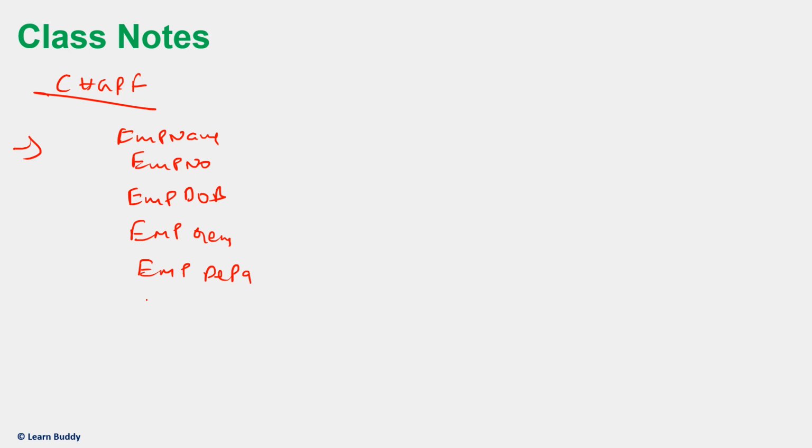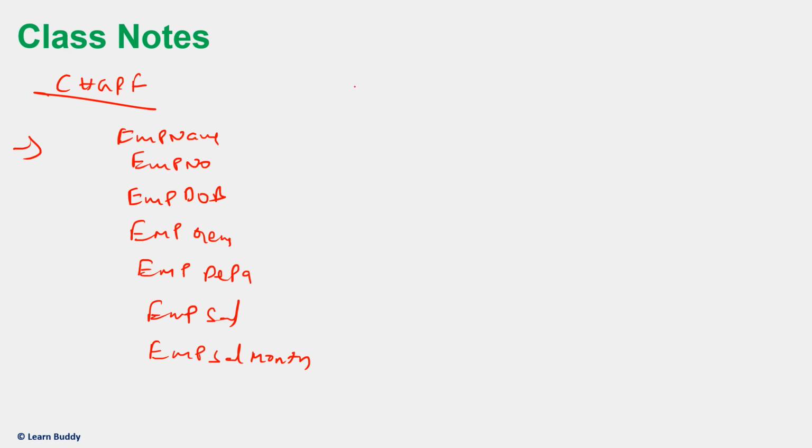Now I wanted to add new fields, emp salary and emp salary month. Which month the salary is for. I wanted to add these two new fields into my physical file.